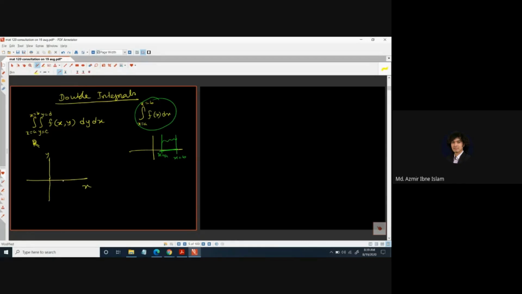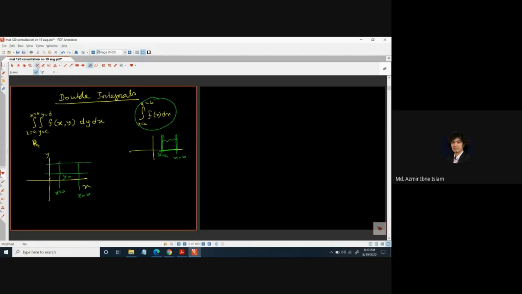If I take the help of the Cartesian coordinate system in 2 dimensions, x equal to a is obviously a vertical line, from the concept of geometry. x equal to b is another vertical line. y equal to c is a horizontal line.